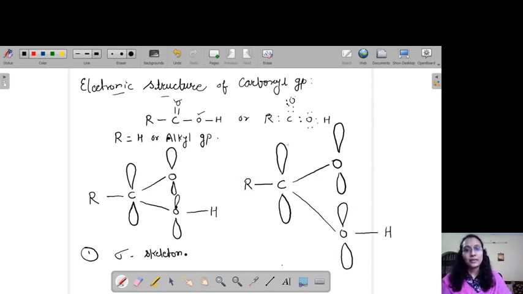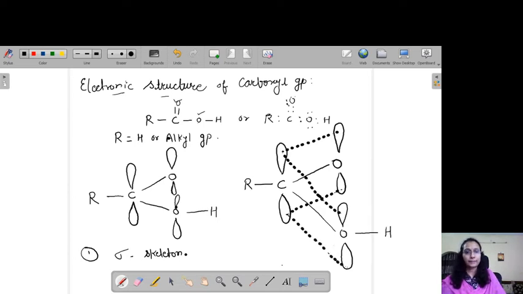Here we can show that these p orbitals overlap with the other oxygen.